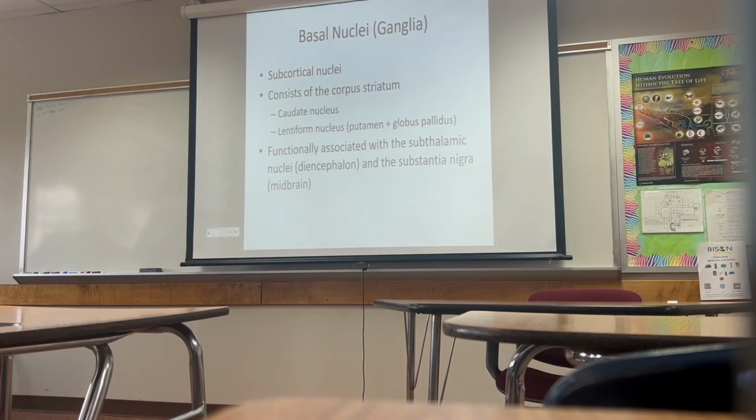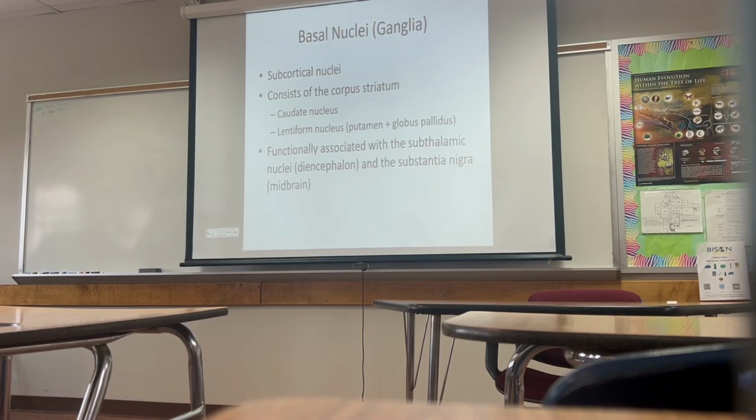Groups of cell bodies in the peripheral nervous system are called ganglia. I'll say it again. Myelinated, that's white fibers, white matter. Gray matter in the central nervous system is called nuclei. Groups of cell bodies in the central nervous system are called nuclei.